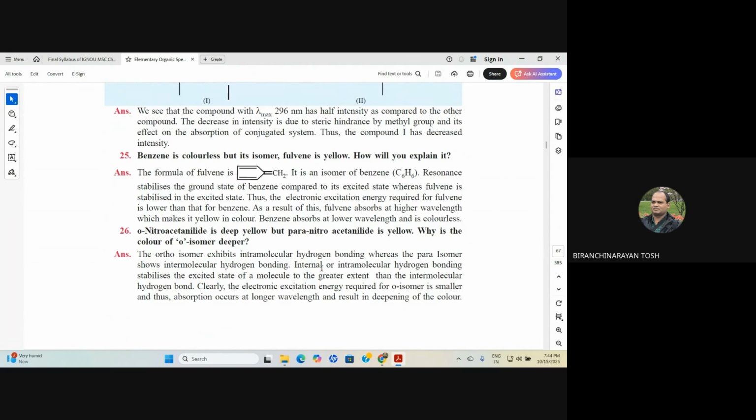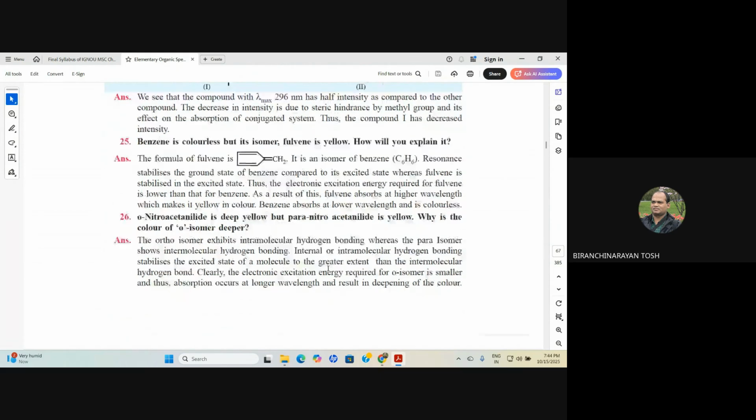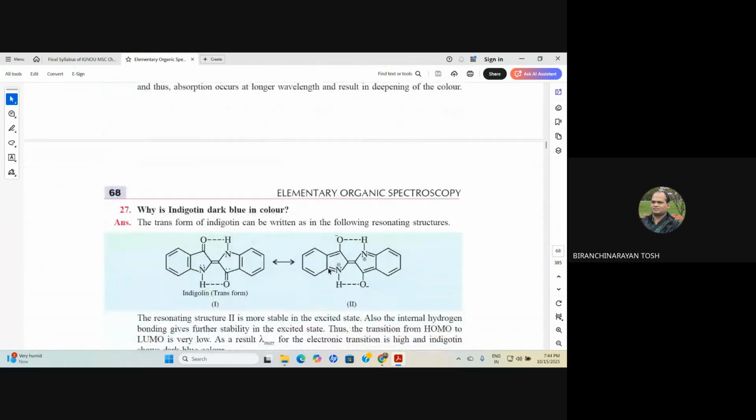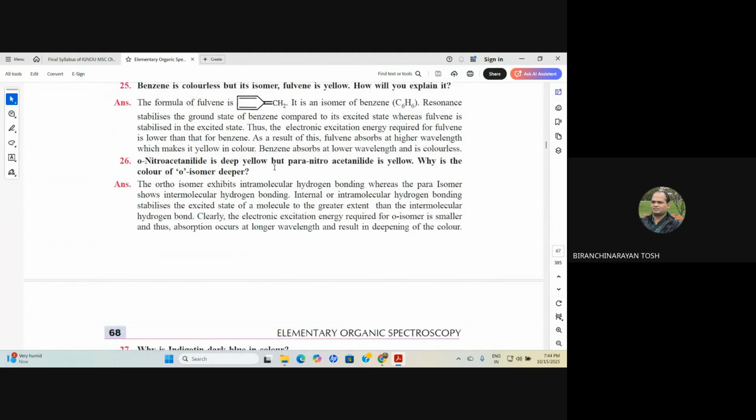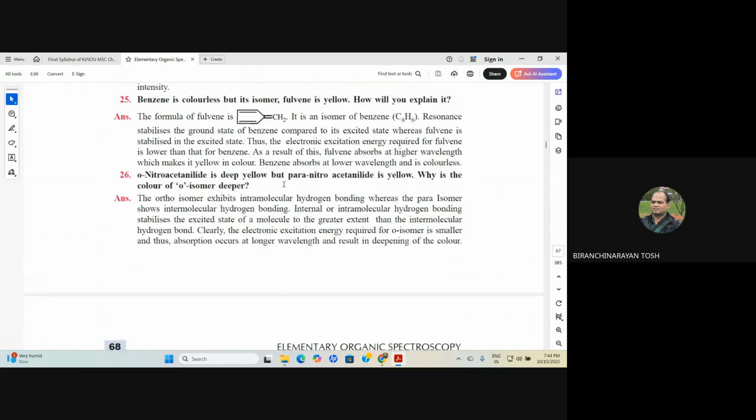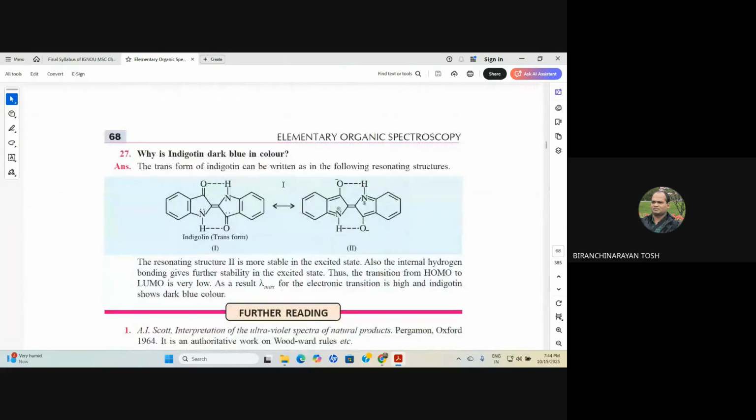Intramolecular hydrogen bonding stabilizes the excited state of the molecule to a greater extent than intermolecular hydrogen bonding. So therefore, ortho-nitroacetanilide is deep yellow.